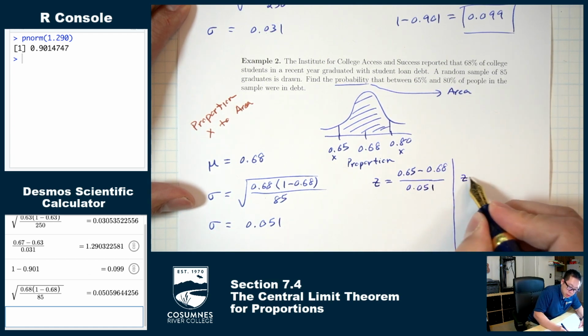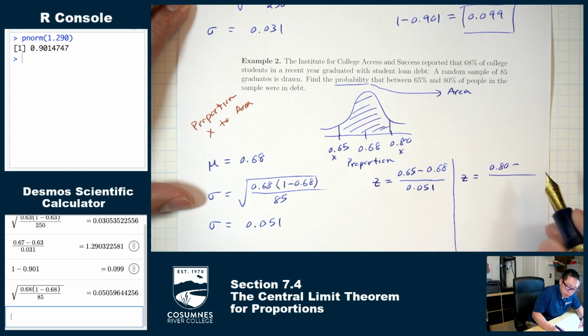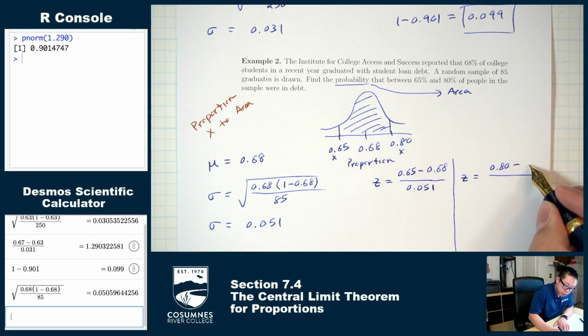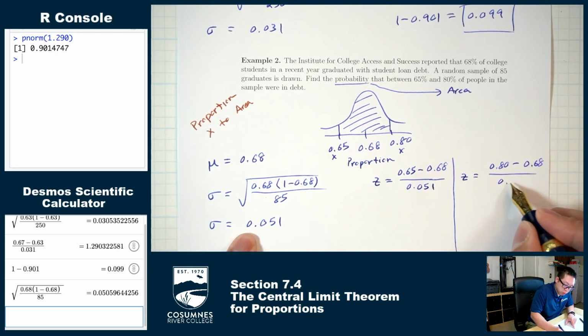The other z-score is for the 0.80, minus the mean, 0.68, divided by the standard deviation, which is the 0.051.